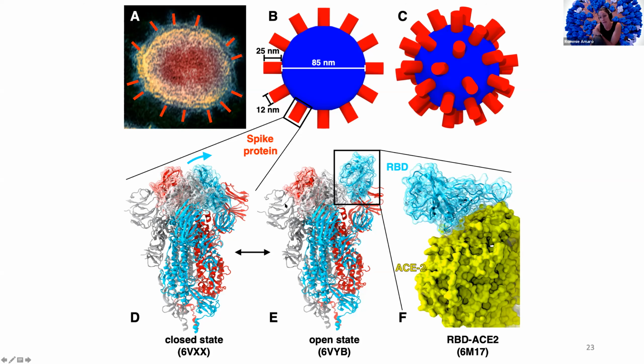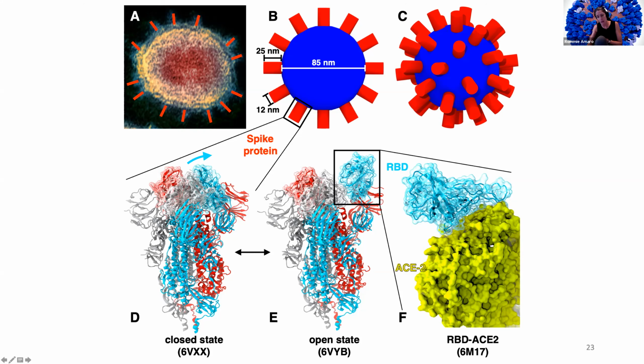That's because they have a number of really beautiful structures already resolved, both with cryo-electron microscopy, as well as smaller pieces in really high resolution X-ray crystallography. Sometimes these pieces come together with the part of the human receptor that the viruses bind. So these two proteins that I'm showing in D and E are just the viral protein, the spike protein.